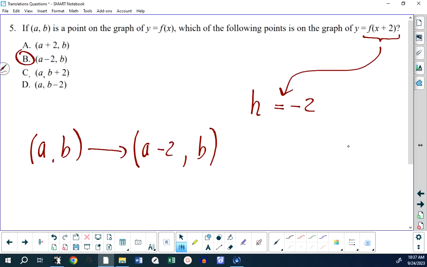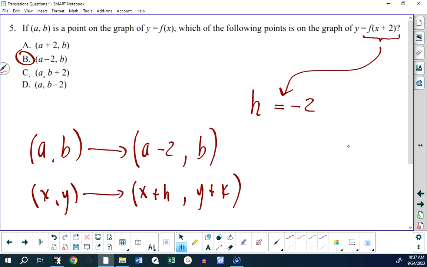I suppose we could have used the mapping rule that I've given you, which is x comma y turns into x plus h comma y plus k. By the way, I didn't mention this up here, but k is equal to 0 because there's no number added after the function. So if I simply take x plus negative 2, that translates into a plus negative 2 as an answer for x.